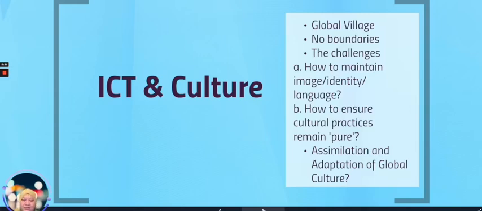The fact that there are no boundaries, everything can be dumped together. So that's assimilation and adaptation that you have to do in your life. As I said earlier, global village is made possible by technology. So that's how ICT actually influences culture or cultural practices.